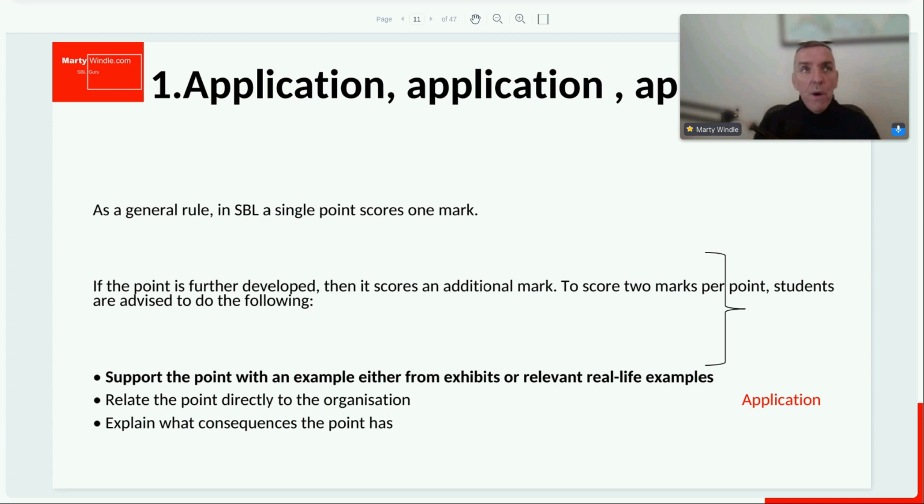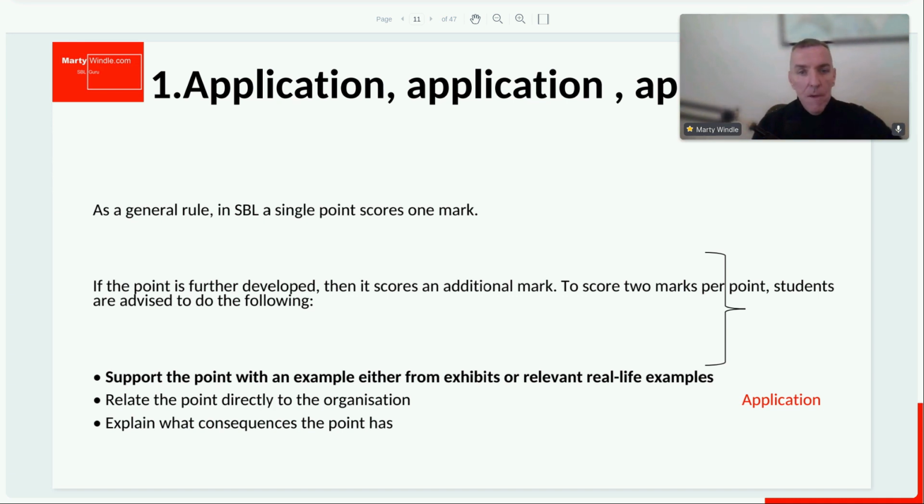If you're getting a lot of 1-mark paragraphs, it might lead you to be a marginal candidate, a marginal fail. You're not getting enough depth into your paragraphs. You're not writing enough. Remember, in SBL, the extra line or sentence, the extra 2 sentences, can be a big difference to your mark. A lot of students' answers are too brief.